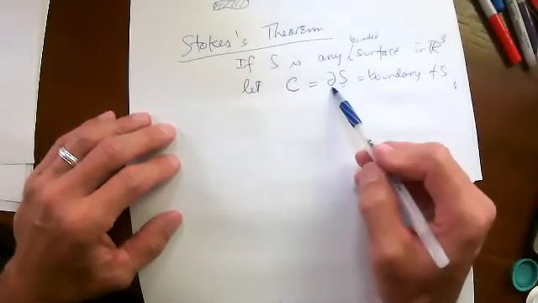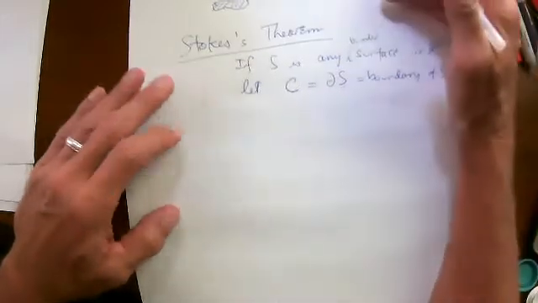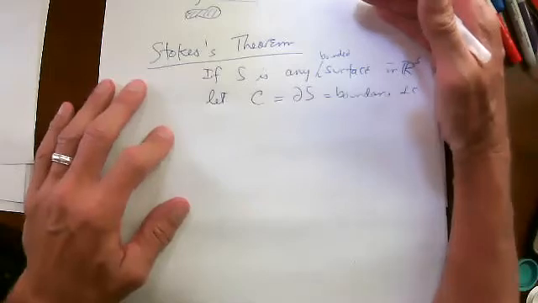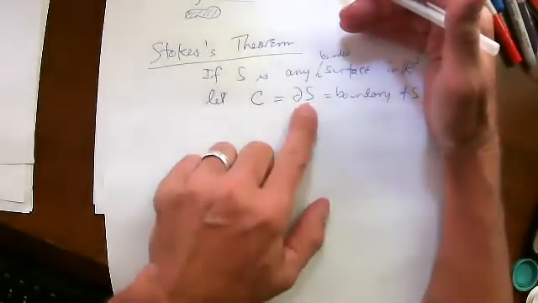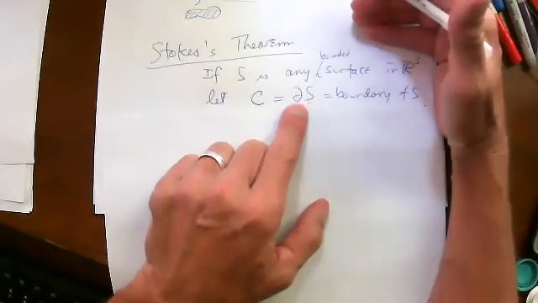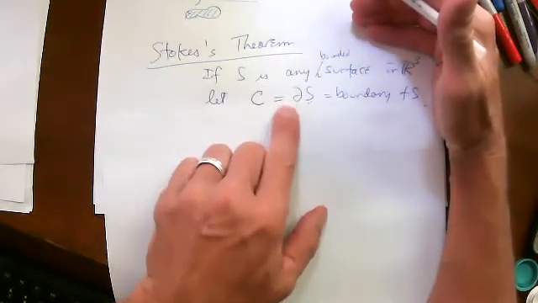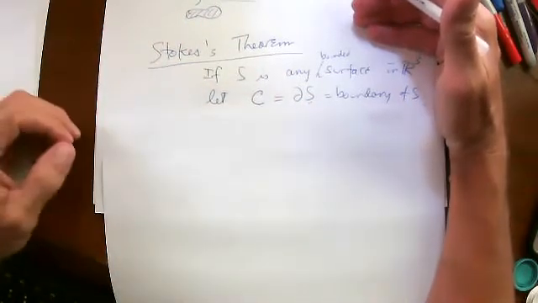But I've mentioned before that I can use this partial derivative symbol also to stand for the boundary of a set. So I've used that notation when I was talking about the fundamental theorem of calculus. The boundary of an interval was just the two endpoints. In the fundamental theorem of calculus for line integrals, the boundary of a path was its two endpoints.